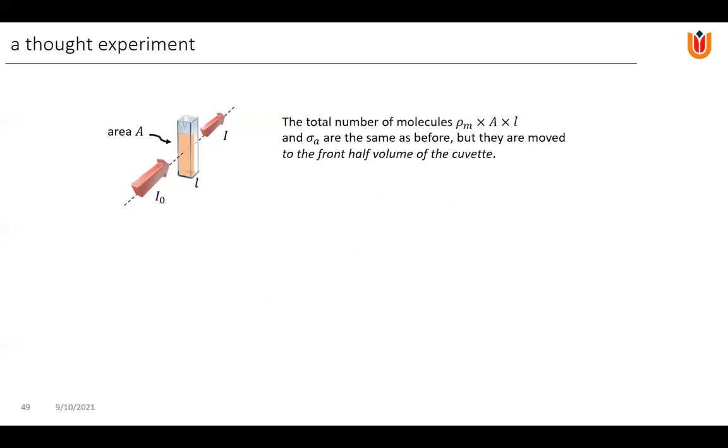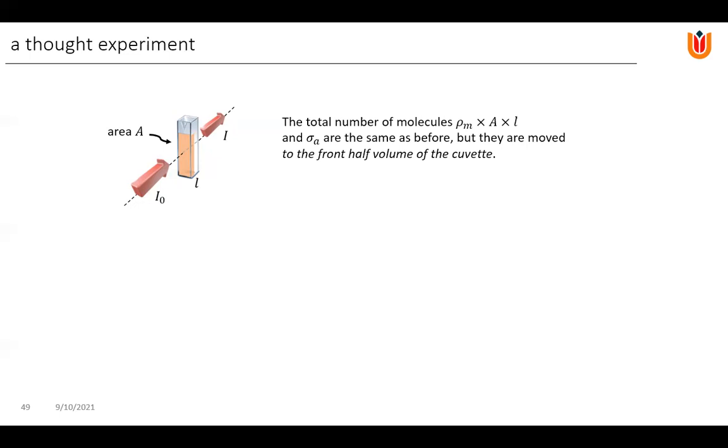Finally, let's do that thought experiment. The total number of molecules in that cuvette is given by a certain number density, the number of molecules per unit volume, times the volume. So that is rho, number of molecules per unit volume, times A times L. Now let's say that nothing changes with these molecules, nothing at all.